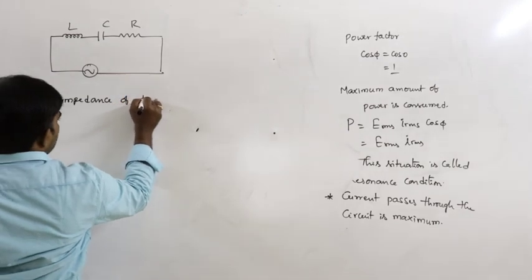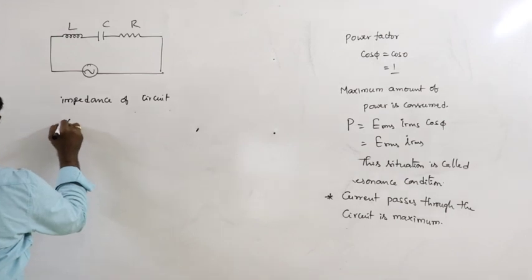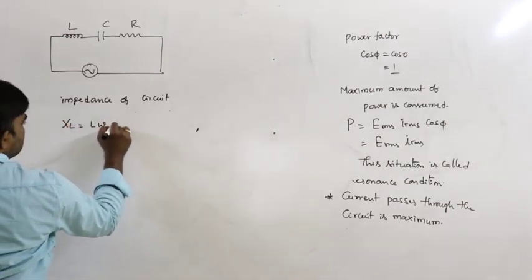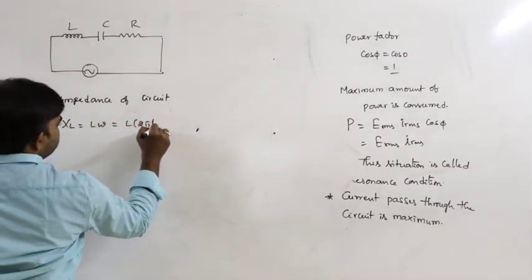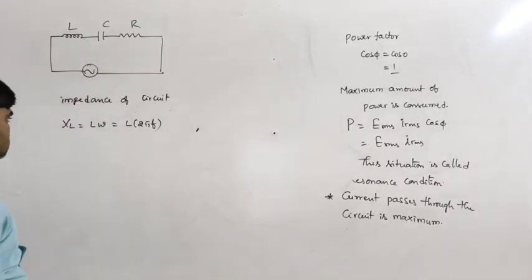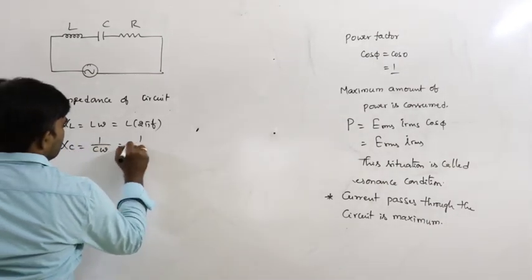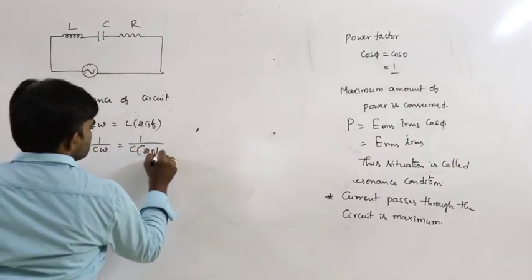First we have to calculate the inductive reactance, L omega, that is L into 2 pi f, if the alternating frequency is mentioned. Next, the capacitive reactance is 1 by C omega, that is 1 by C into 2 pi f.